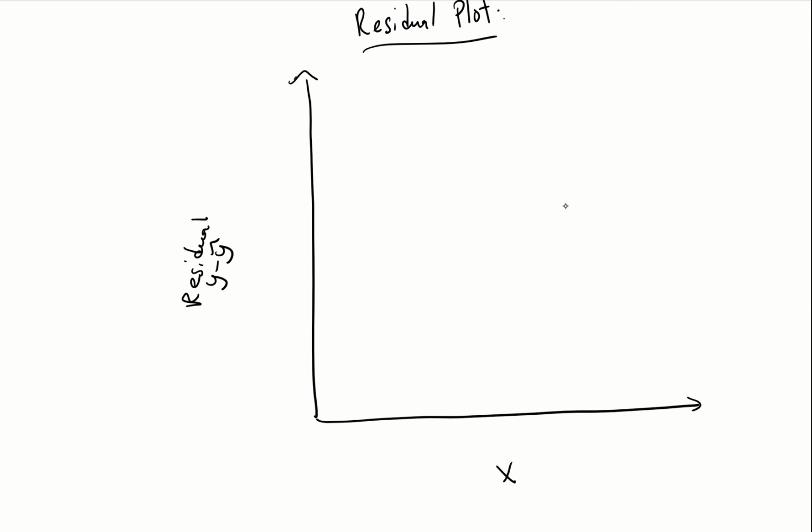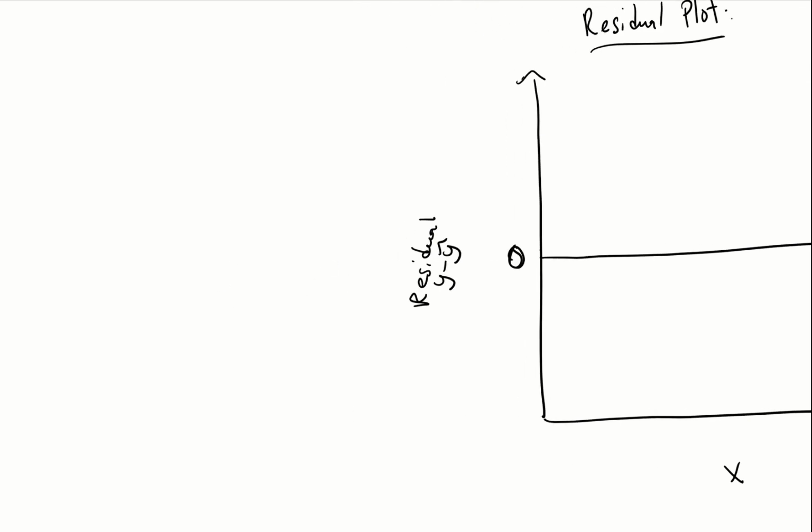You usually have a 0 line when you do this. So you have 0 in the middle of the y-axis, and then you have your positive numbers above and negative numbers below.